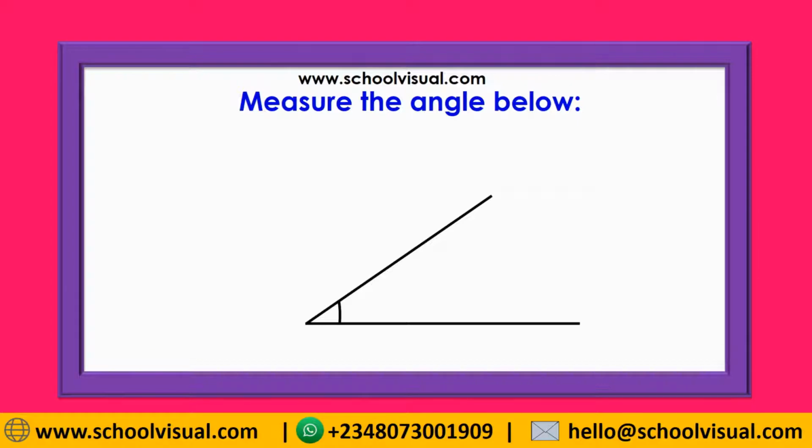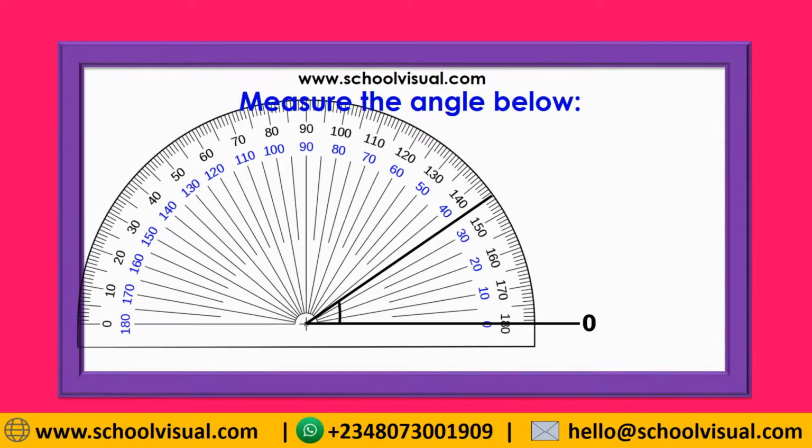So the angle is facing this side. I write my 0. I place my protractor on the vertex. So I use the numbers at the bottom, right? Now my line is passing through the side. I have 30, so this is 35.